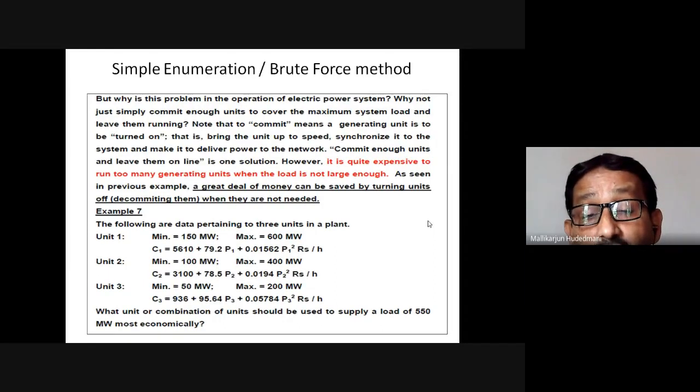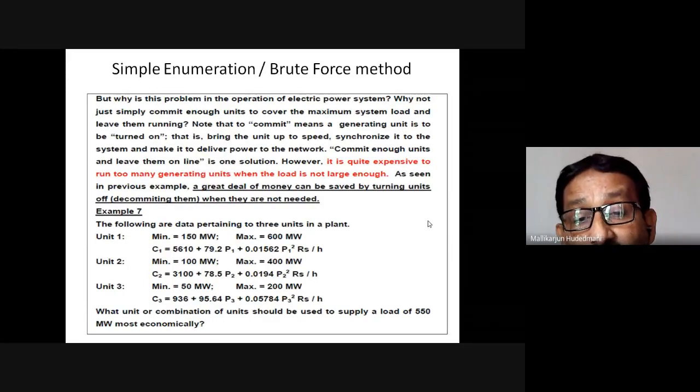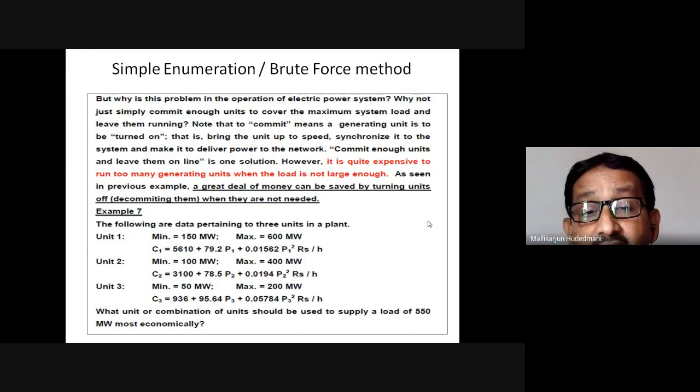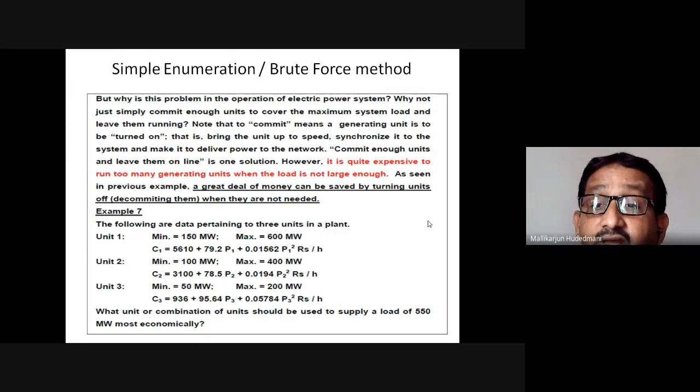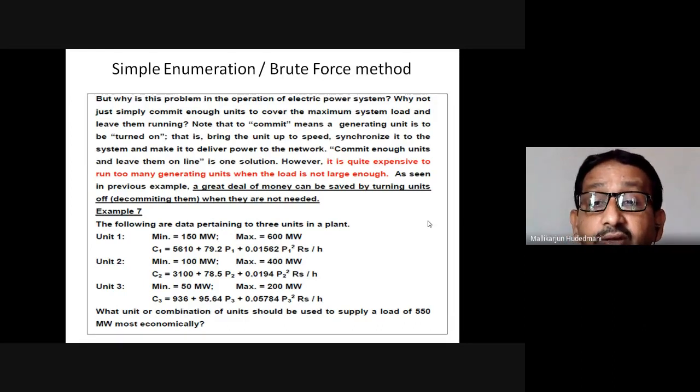We will be finding out, among the available generators, for a certain step value of load, how the combinations 1 with 2, 2 with 3, 1 with 3, and 1, 2, 3 together can provide their combinational support for meeting up the demand. That we call unit commitment. How the committed units cope with a changing demand or a certain demand most economically is the target we are trying to understand.